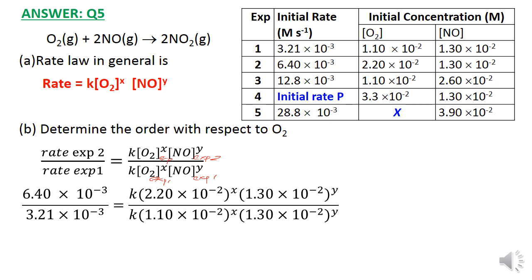The one with similar concentration will be cancelled. So here you see 6.4 divided by 3.21 gives you 2, and 2.20 divided by 1.10 gives you 2, and it has the power of x. So 2 to the power of 1 equals 2 to the power of x. So x equals 1. That is the order with respect to oxygen.